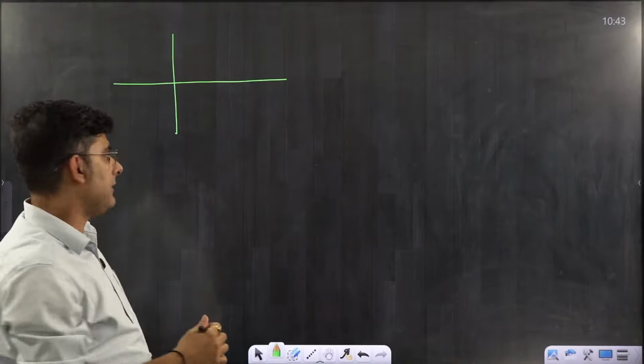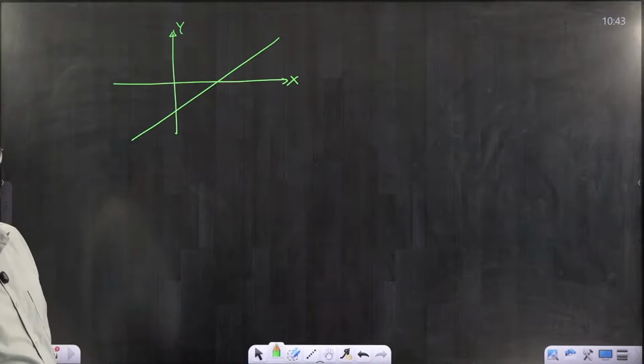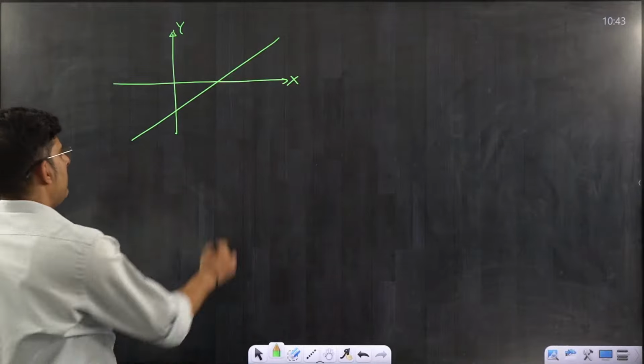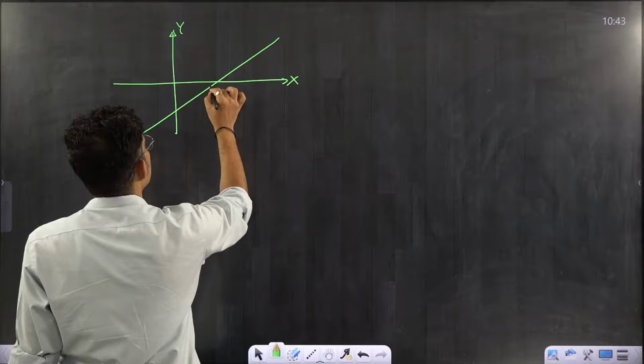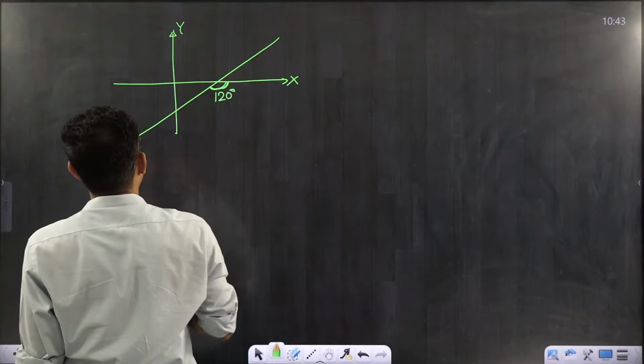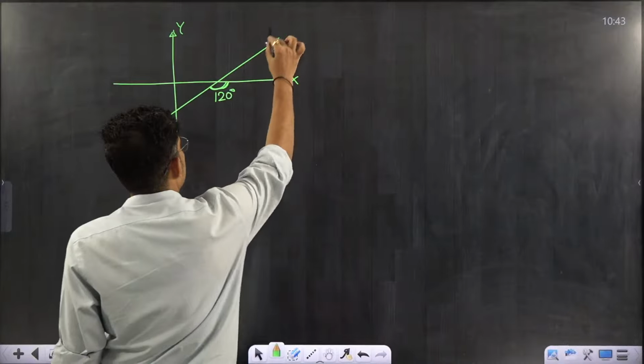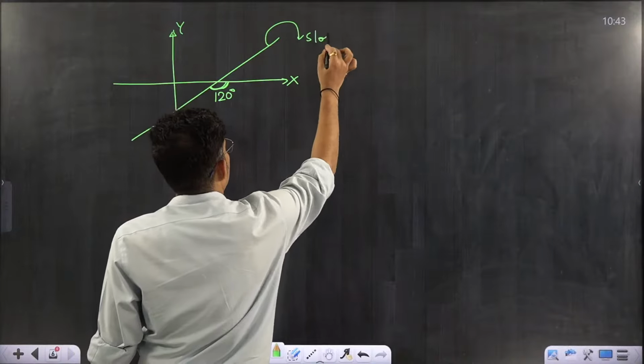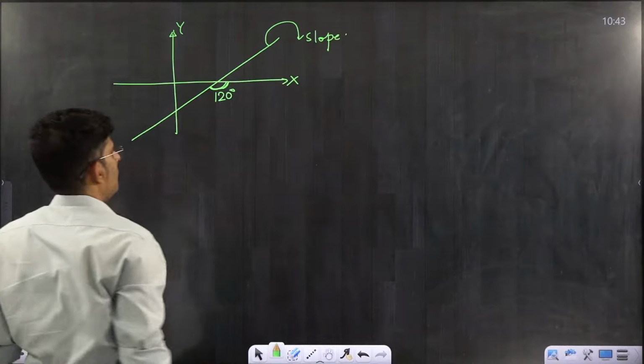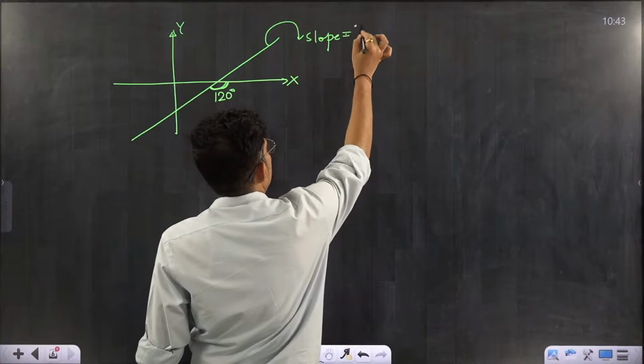I have marked a line like this. And they give me this angle as 120 degrees. They ask me how much the slope will be for this line.